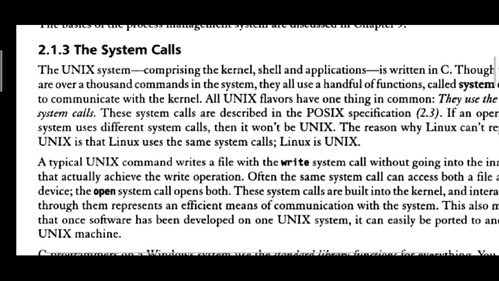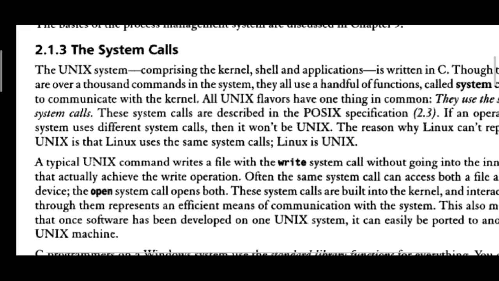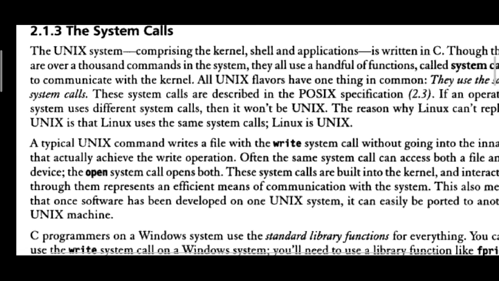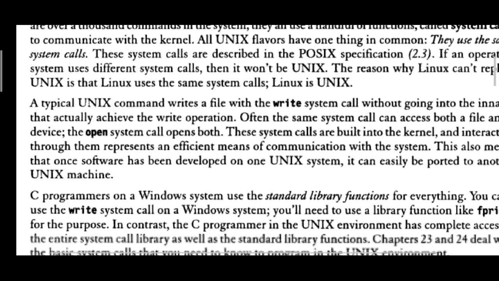Whatever it is, just remember a system call WRITE, which writes the content to a file. Then whenever you want to access the file, you can use the system call OPEN, which is useful for opening a file.